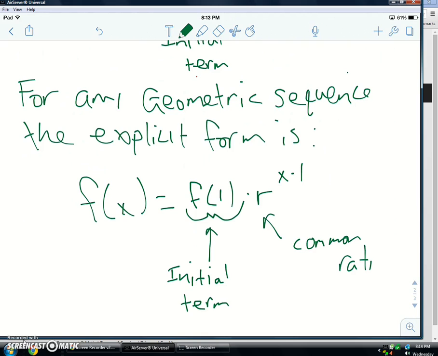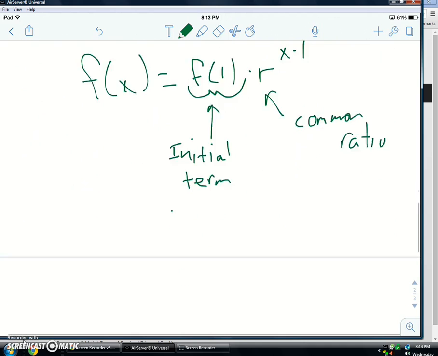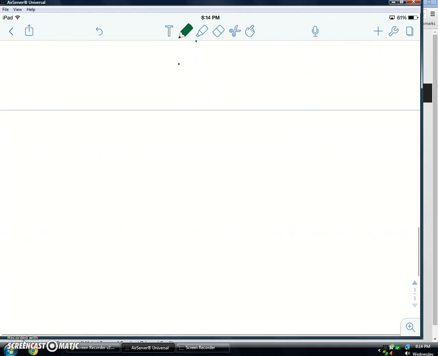lowercase r. Alright, so quickly here, I'm going to give you a sequence. And we'll go with 64, then 8, then 1, then 1 over 8, and so on. Alright?